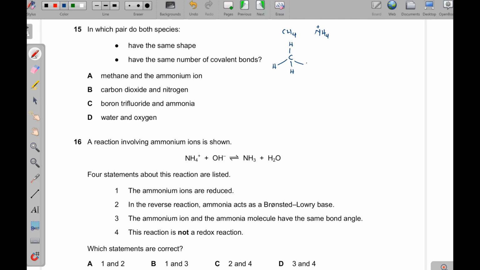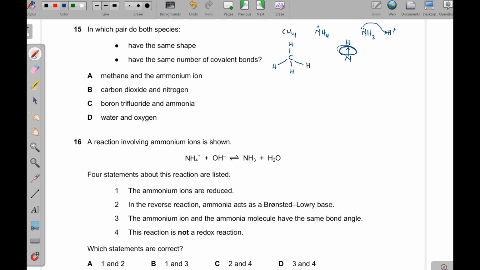In the ammonium ion, there is a coordinate bond. Ammonia has a lone pair of electrons, and then you have a hydrogen ion. Ammonia donates the 2 electrons to the hydrogen ion, and a coordinate bond is formed.